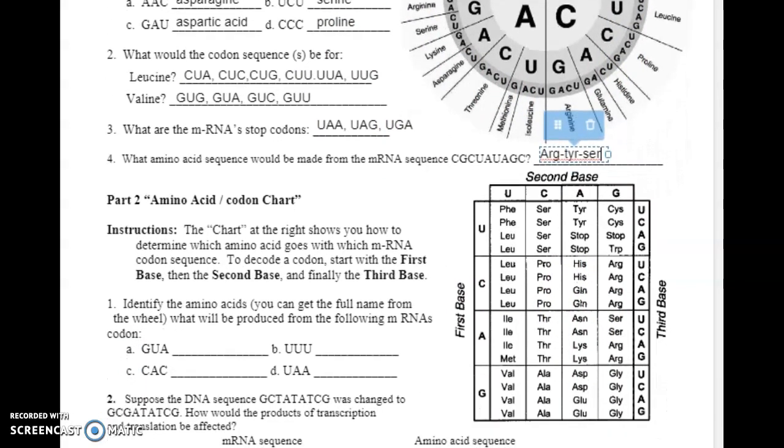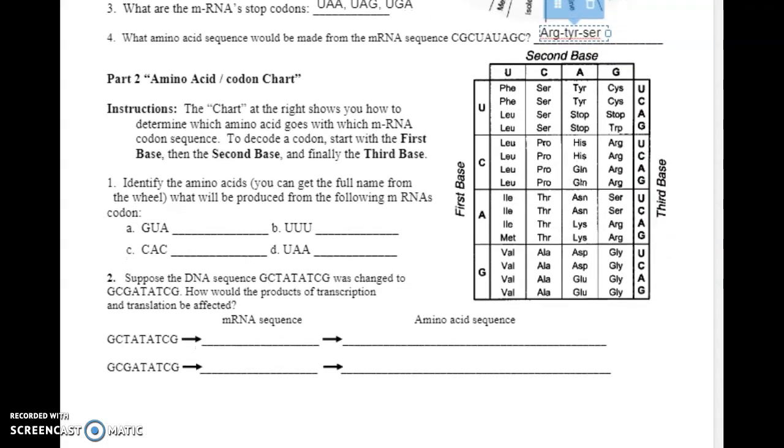So part 2, amino acids in the codon chart. So the chart at the right shows you how to determine the amino acids going from the mRNA codon to the amino acids. And we talked about that earlier, that you're going to go from the first letter on this side, second letter on that side, and that'll narrow it down to one of the boxes. And then this third one will help you go to the specific one in the box.